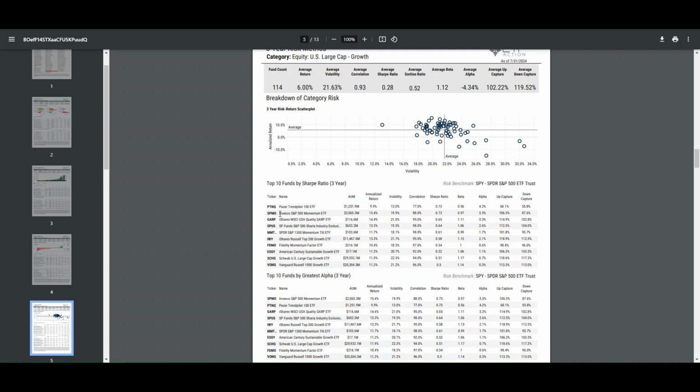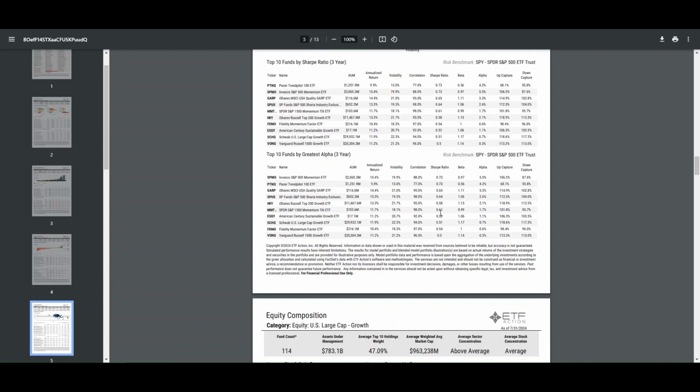It's actually tied with SPMO, the Invesco S&P 500 Momentum ETF. Now, if you look at alpha, SPMO has the best alpha rating, 5.5, then PTNQ, and then GARP, the iShares MSCI USA Quality GARP ETF, is third in terms of alpha.